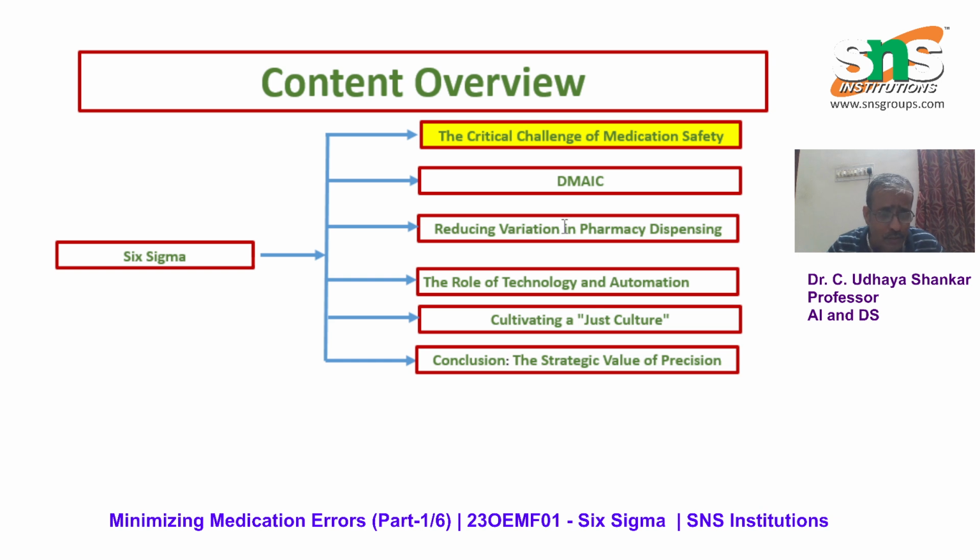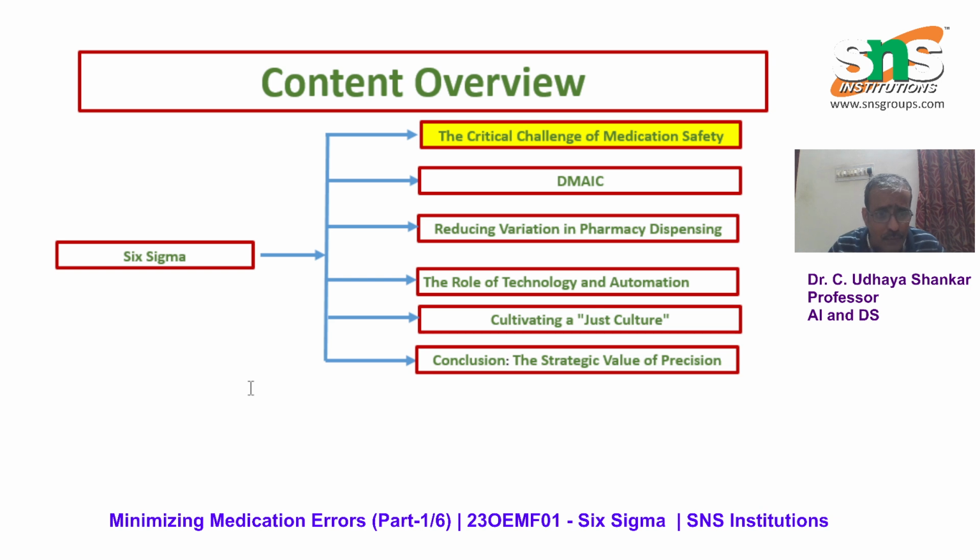I have divided this particular topic into several subtopics. First we will discuss the critical challenge of medical safety. Then I will explain how the DMAIC based approach used in Six Sigma is implemented in this project.